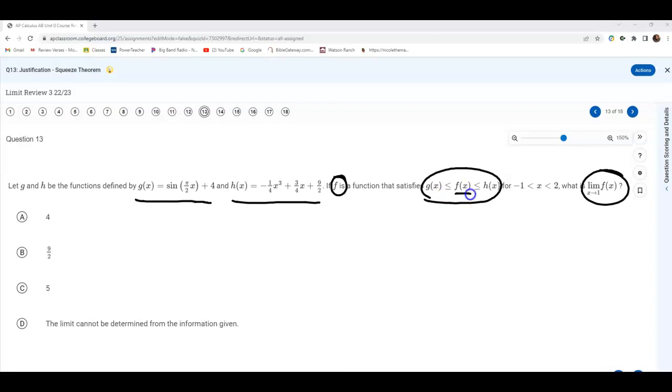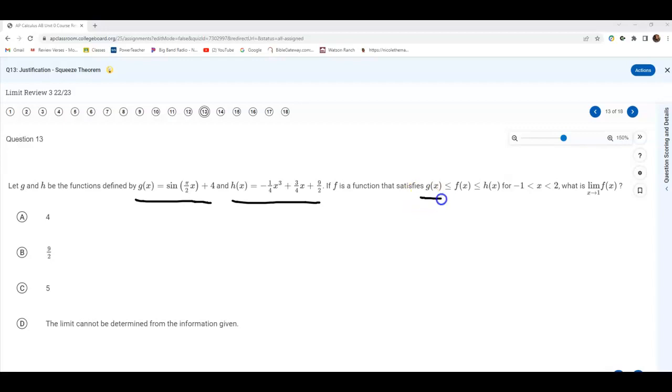If f is always between these 2 things, let's say that g is equal to 5 and h is equal to 5. What would f be if it's always between them? Well, it would have to be 5, right? So that's just an example of the squeeze theorem. If the left-hand side and the right-hand side are the same, then the middle one must also be that.